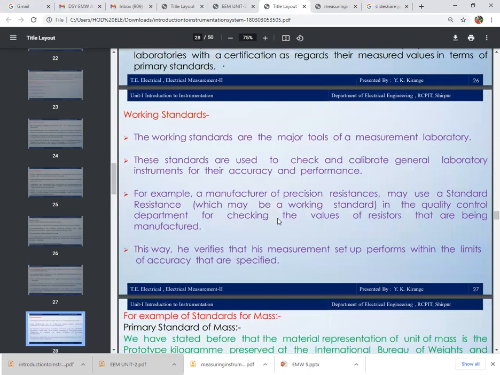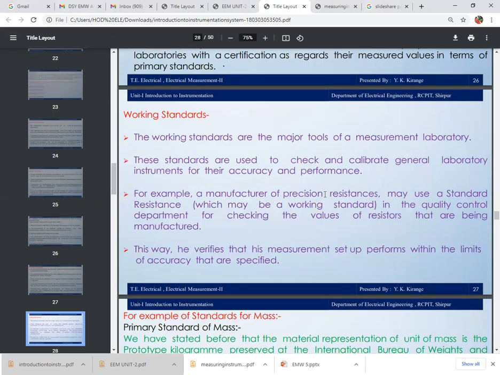The next one is the working standards. The working standards are the major tools of a measurement laboratory. These working standards are generally used by the workers and technicians who actually carry out the measurement.